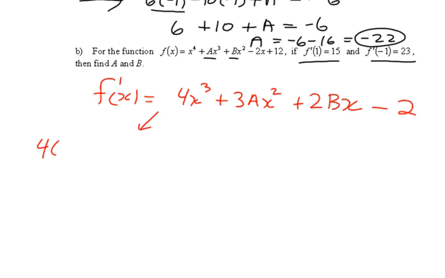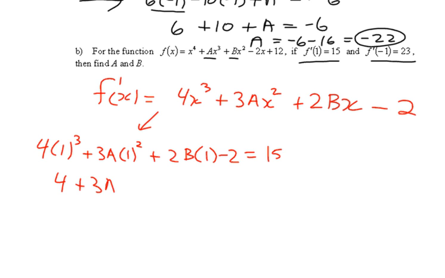So it'll be 4 times 1 cubed plus 3a times 1 squared plus 2b times 1 minus 2. And we're going to set that equal to 15. So this is 4 plus 3a plus 2b minus 2 equals 15. That means 3a plus 2b would be equal to 15 minus 2. Uh-oh, we got an unlucky number, 13.